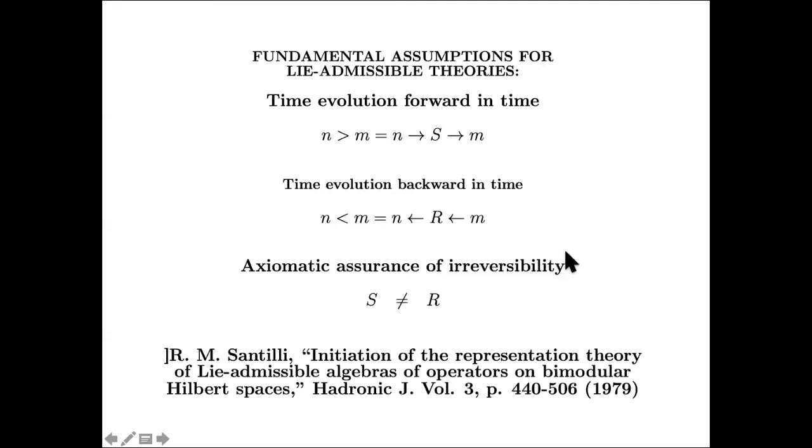Representation of irreversibility at the axiomatic level is then guaranteed by the two genotopic elements R and S being different from each other. I published this basic assumption in this paper released by Harvard University in 1979, and then developed it thereafter, as we will see in subsequent slides.